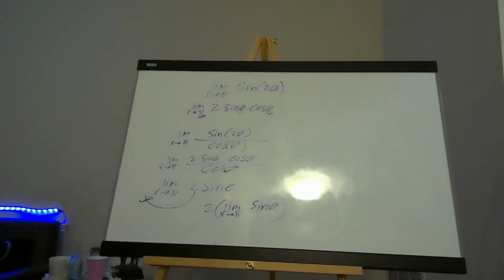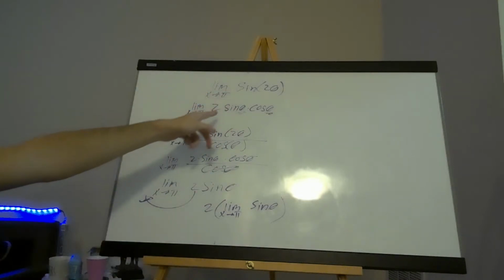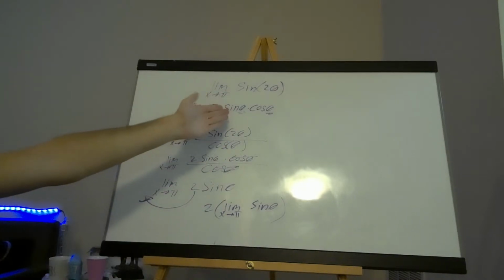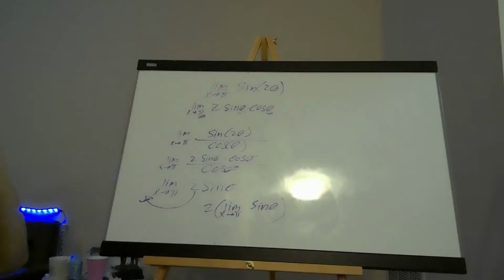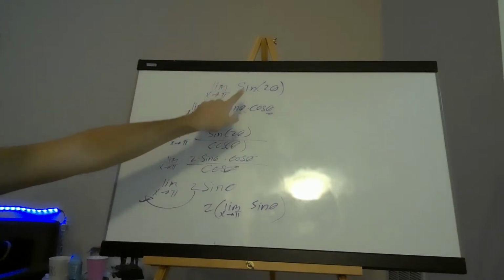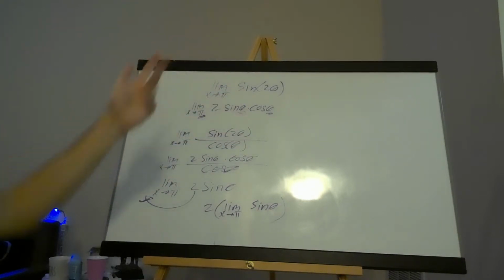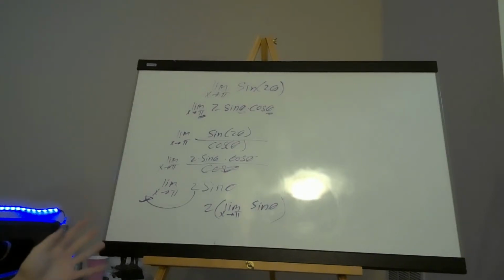Half angle is a little bit more of a pain because it's got a lot of radicals in it. This is sine 2 theta, and that's 2 times sine times cosine, which are equivalent. Sine 2 theta is equal to 2 sine cosine. This is just a type of problem I worked out because with half angle formulas, you might see one or two of them, but they're not going to be very common in test-like situations.